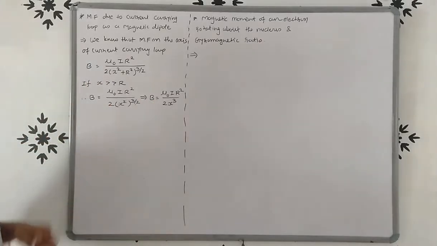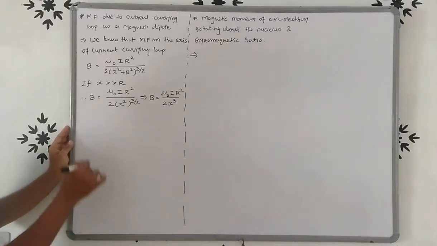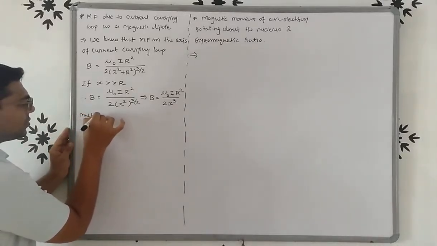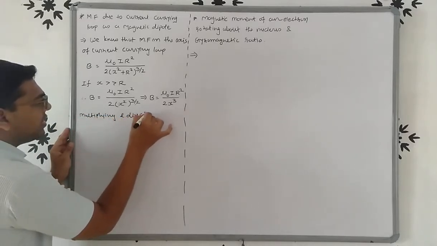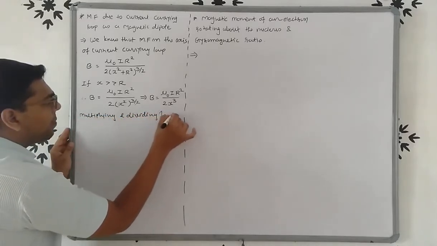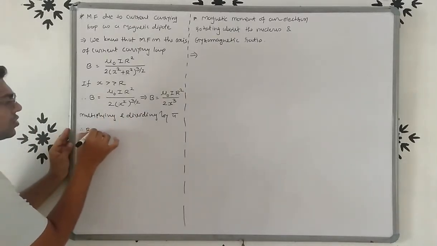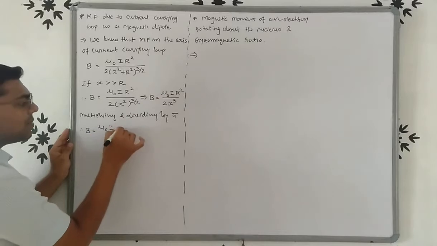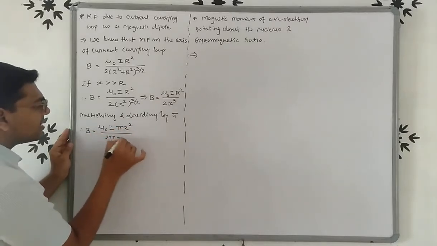So here we multiply and divide this equation by pi. So B is equal to mu 0 I, and here we multiply r square by pi, so pi r square upon 2 pi x cube.